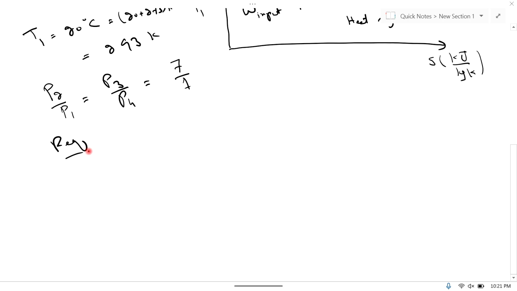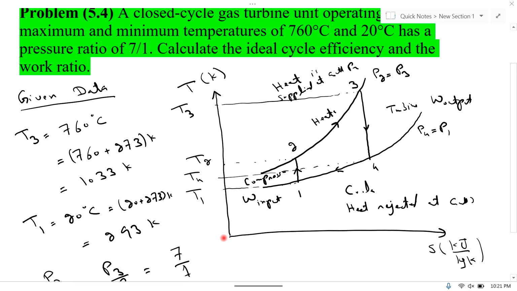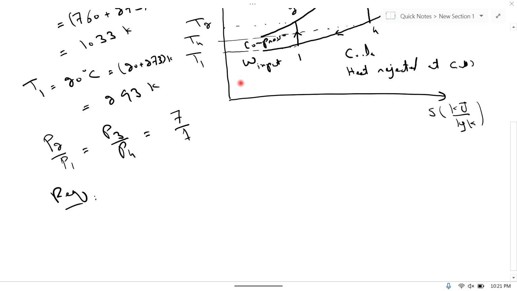Required: calculate the ideal cycle efficiency and the work ratio.